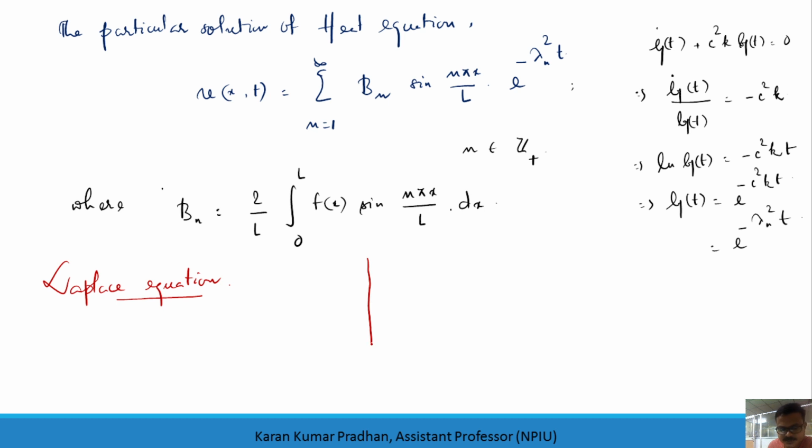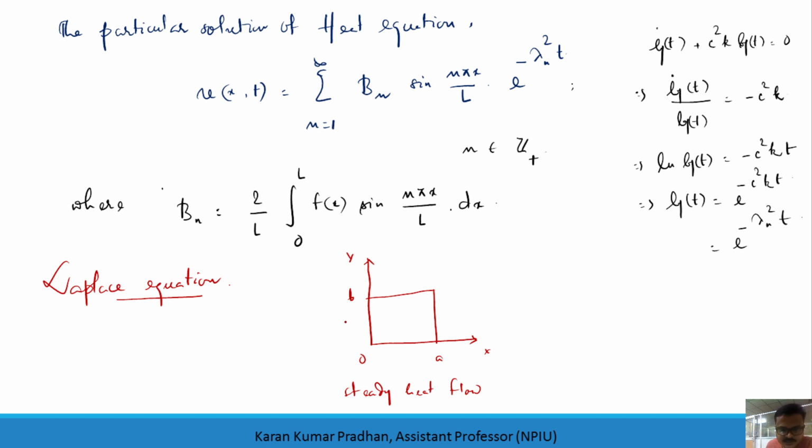Here we will consider the steady heat flow in a rectangular plate. Let me say the length is a, along x, this is the vertical axis, and the breadth is b. So here the heat is flowing steadily in the entire rectangular plate.